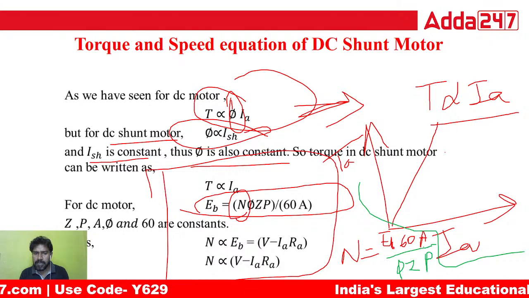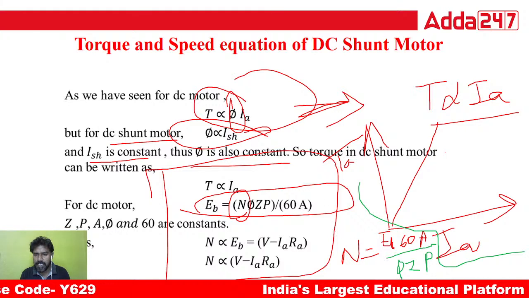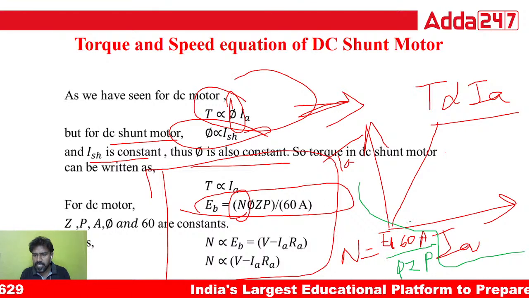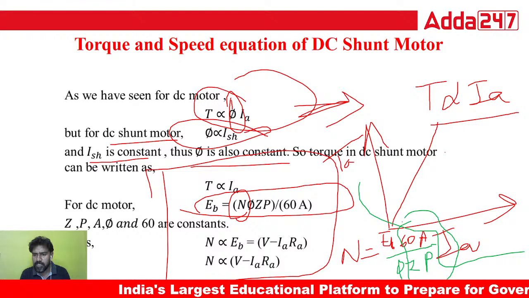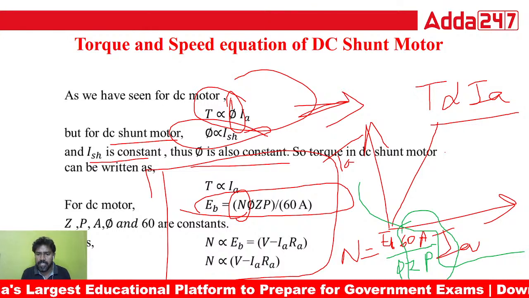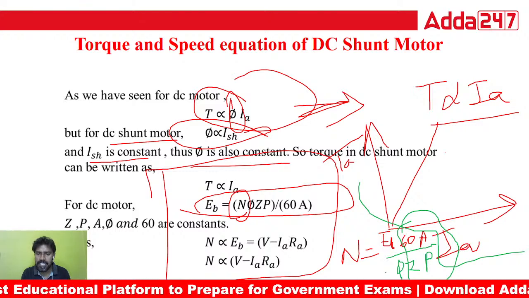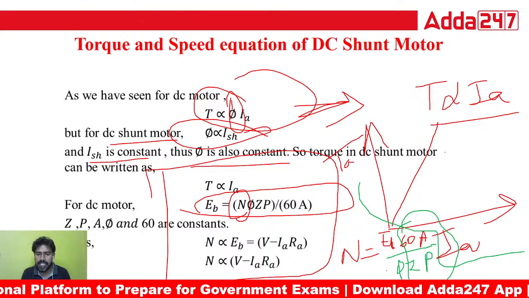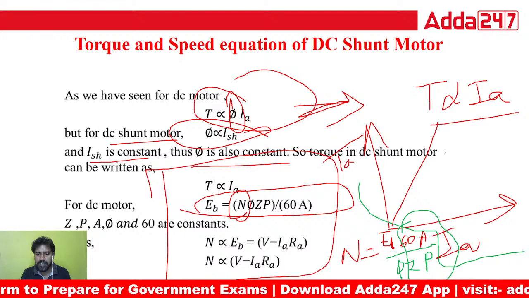All these other terms are constant already, so 60A by ZP will be constant. You can take it as K_a or something like that. So then finally what equation do you get?